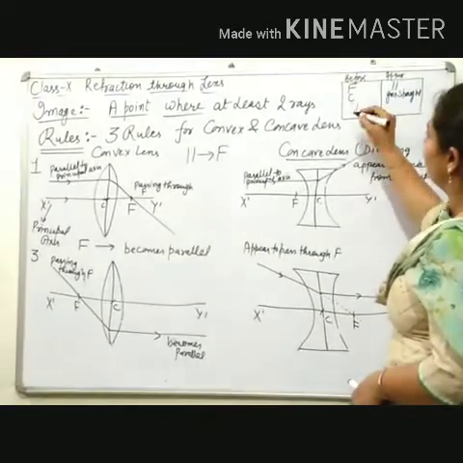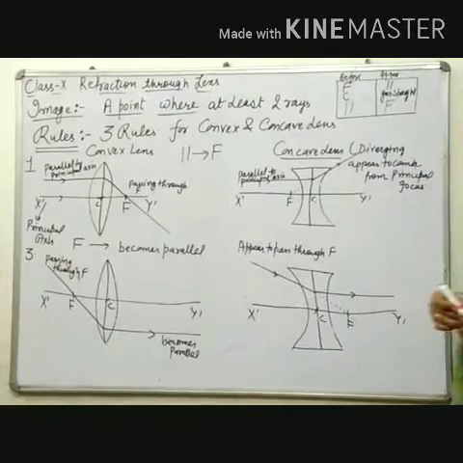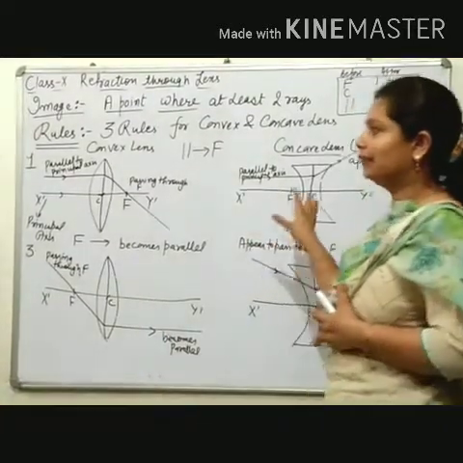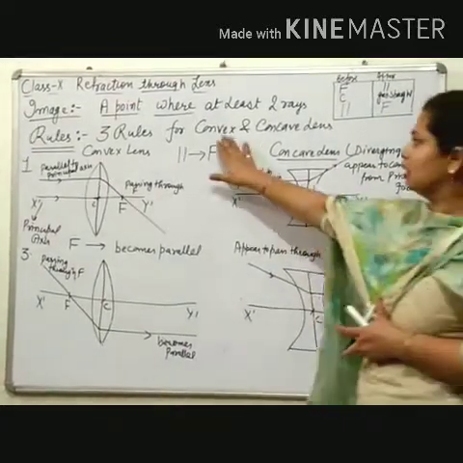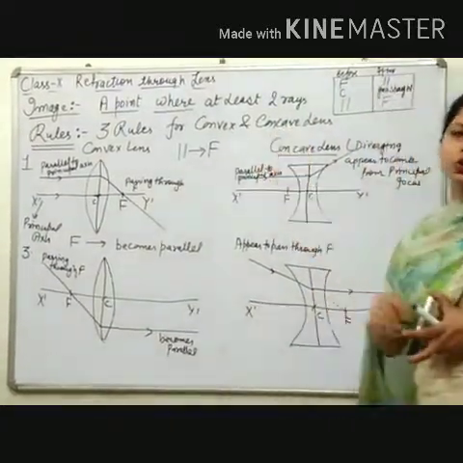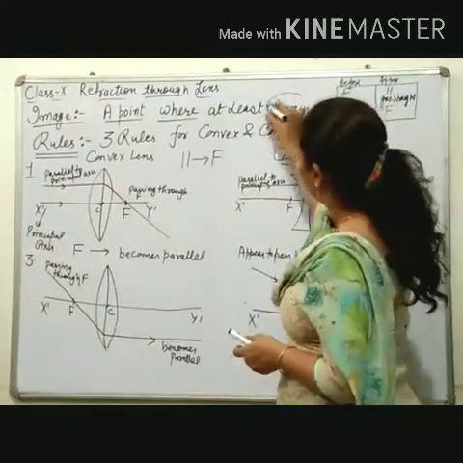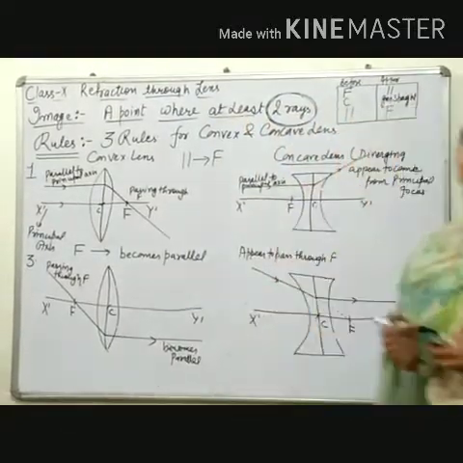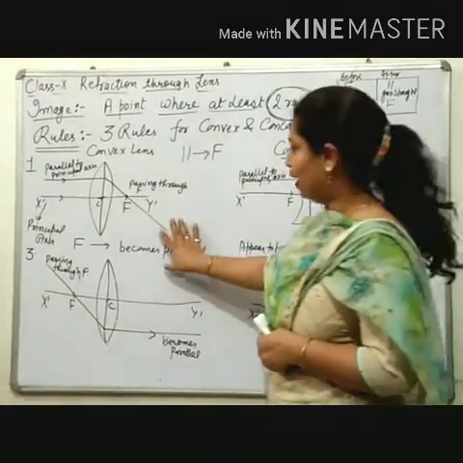If it is parallel to the principal axis, it will pass through the principal focus. So learn these 3 rules so as to make an image using convex or concave lens. For image formation, we have to use only 2 rays.